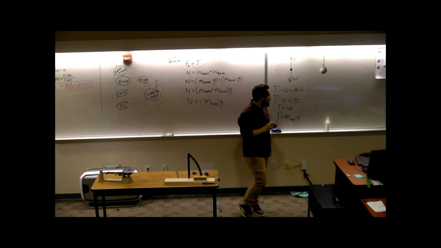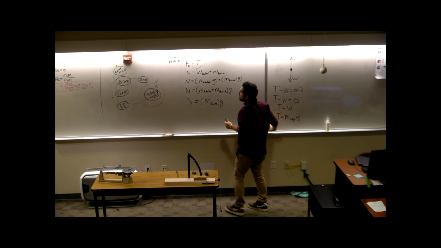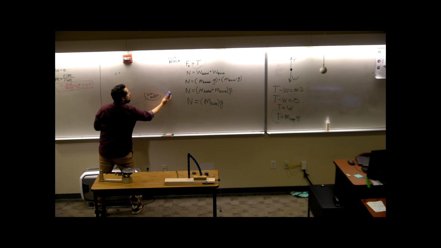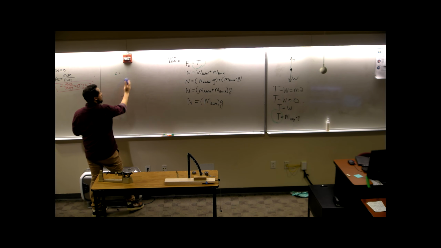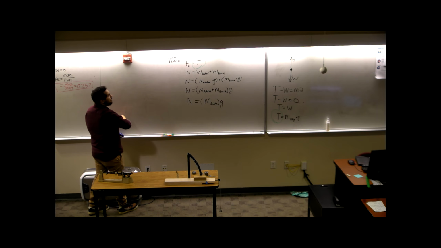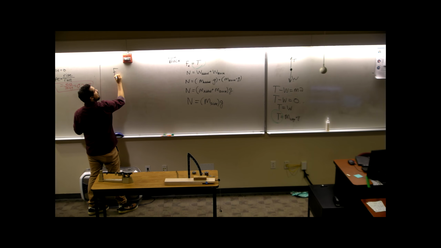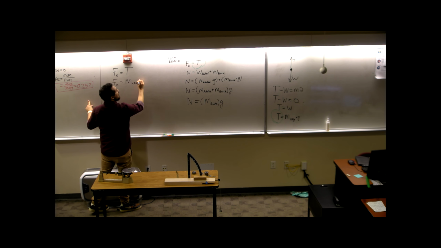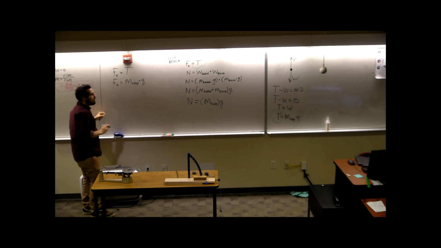And since the tension links the two, we suddenly get to a point where we can say the force of kinetic friction, which is equal to the tension, well, that means the force of kinetic friction is going to be the mass that is hanging multiplied by acceleration due to gravity.